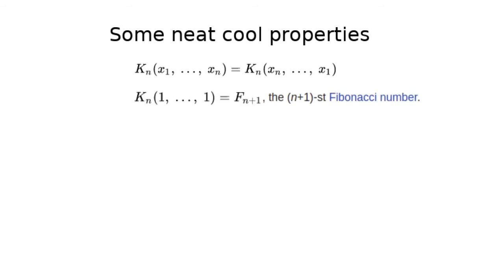Also, a cool, neat property: if they're all ones, you get the Fibonacci number, the (n+1)th Fibonacci number. You can convince yourself of that by working out the continuants, the ratio of the continuants, and you'll see this.